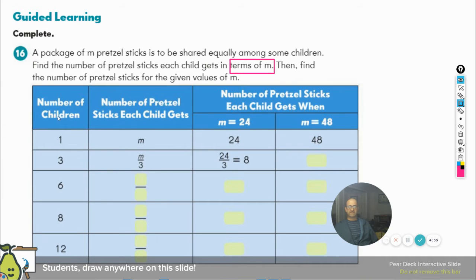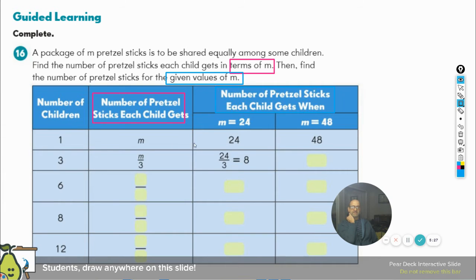This column here is the in terms of M. And then find the number of pretzel sticks for the given values of M. That's this chunk over here. So if it's one kid, each kid gets M pretzels. If M equals 24, each kid gets 24 pretzels. If M is 48, each kid gets 48 pretzels.